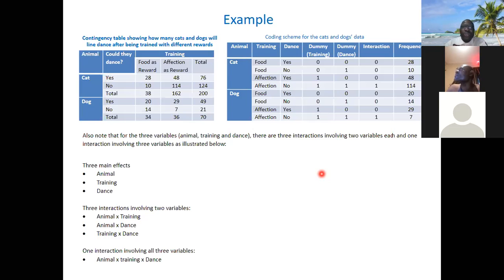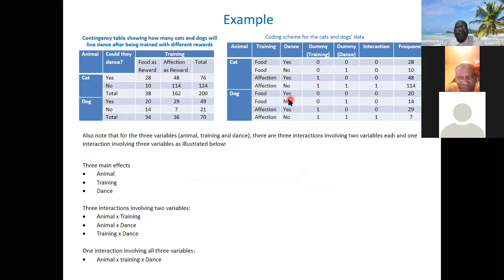So in trying to code, look at this, the food for cat now. Remember, we say dance. If you look at the table we put here, it's the same table, just trying to create dummy. Training with food and training with affection.